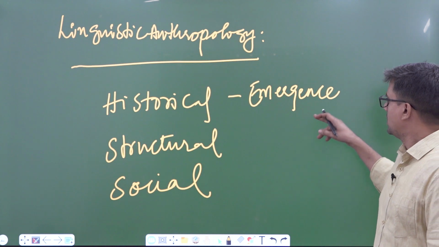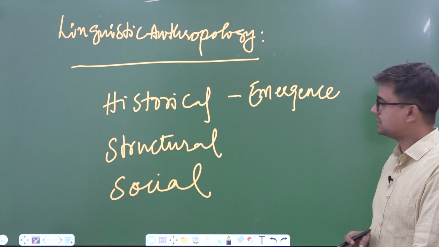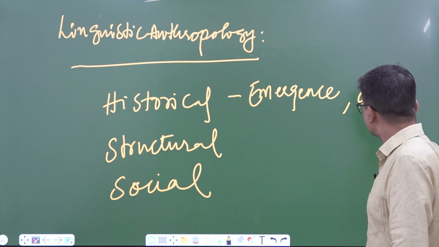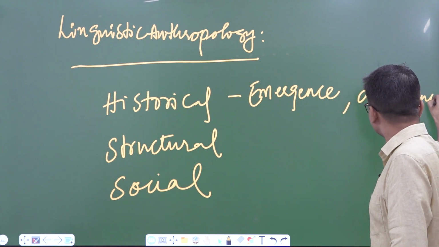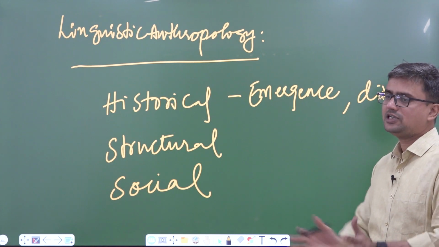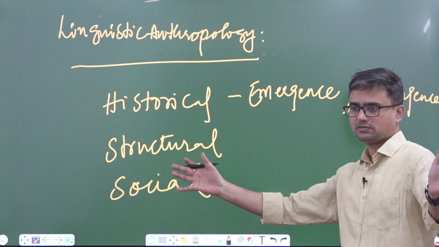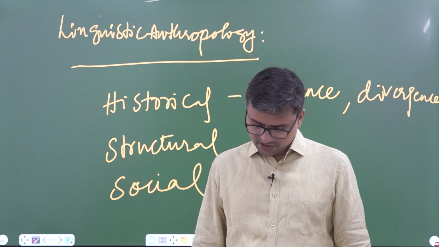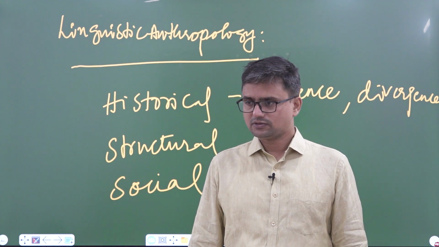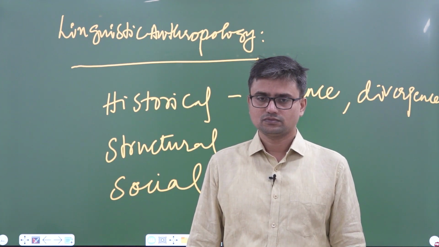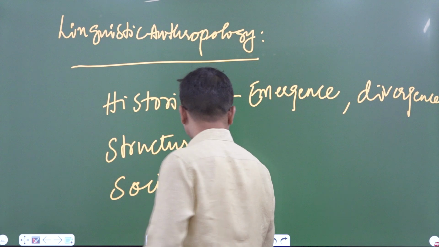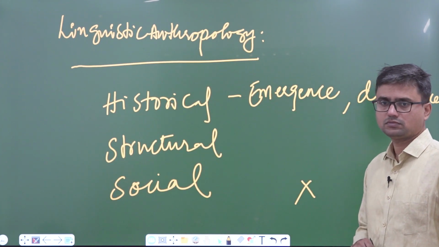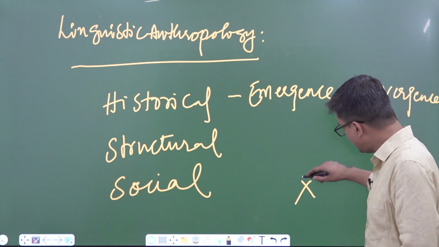Now, historical linguistics is concerned with the emergence of languages and the divergence of the languages over thousands of years. Now we have language X. This language X has diverged.